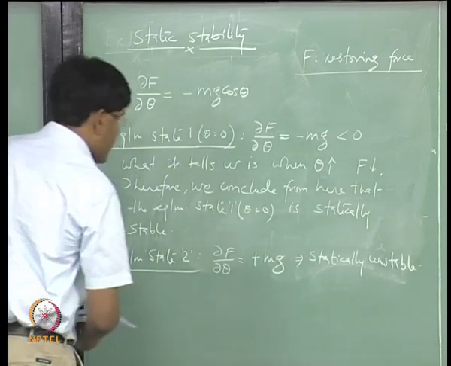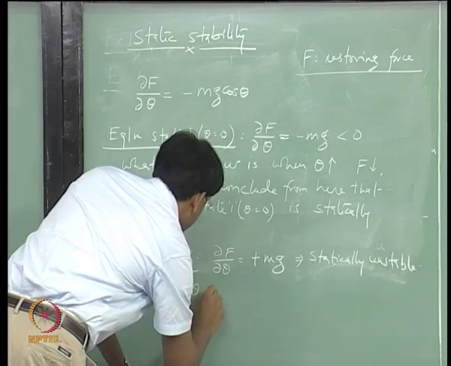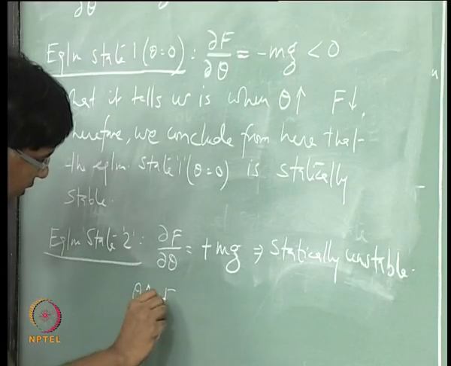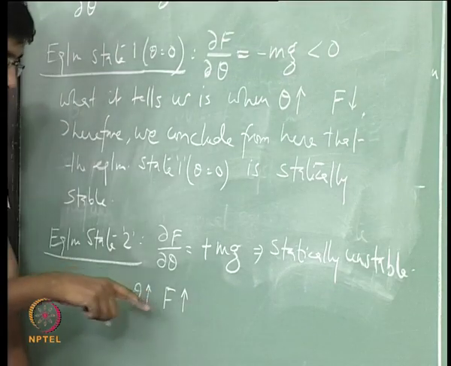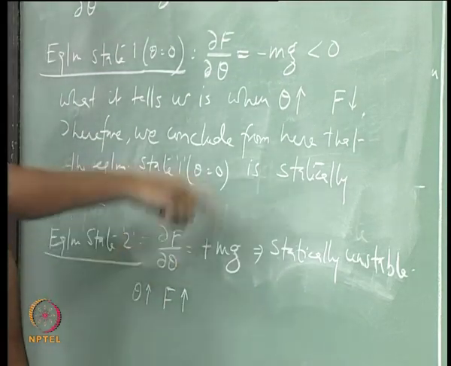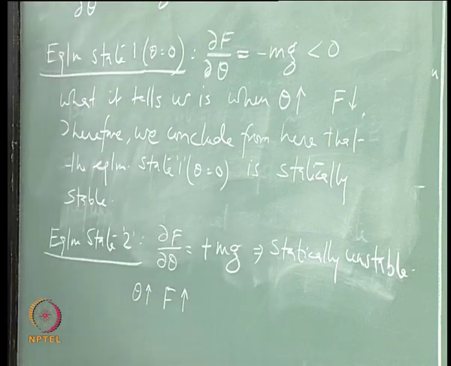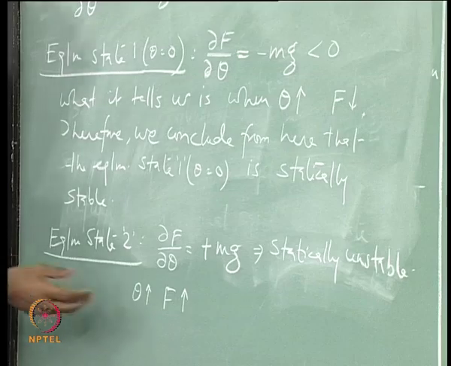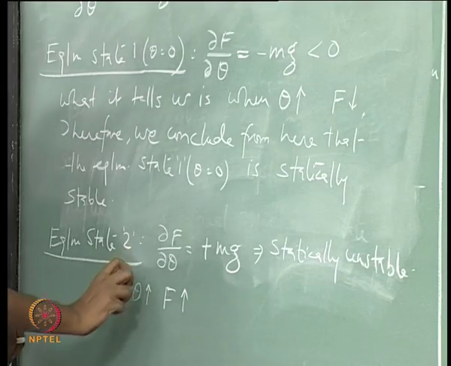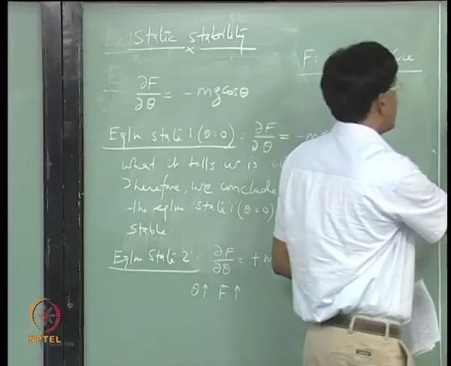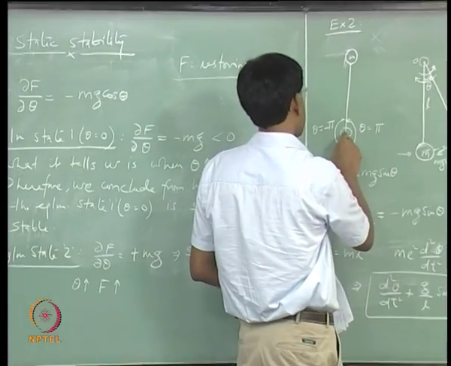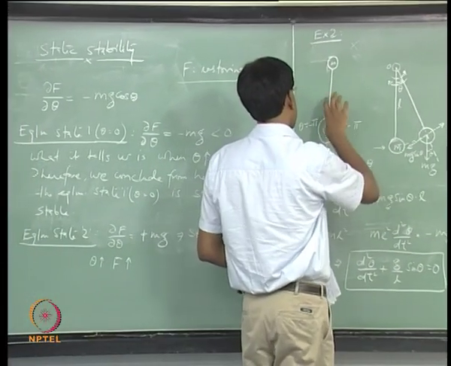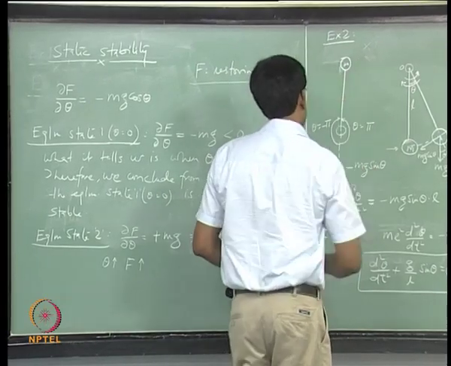So, what is happening in this case is, with theta, this force in the direction of increasing theta is growing. So, it is going to further increase theta, and theta is the disturbance. So, it's a change from this equilibrium state.